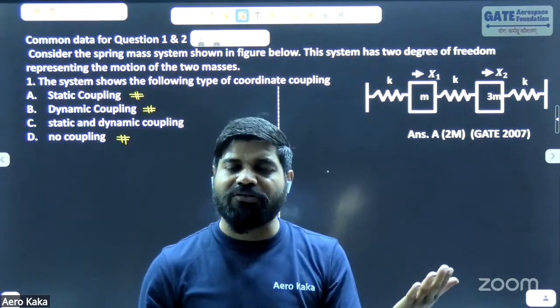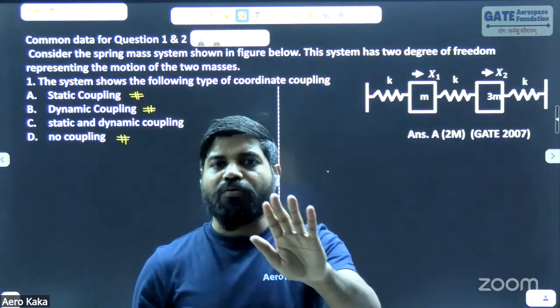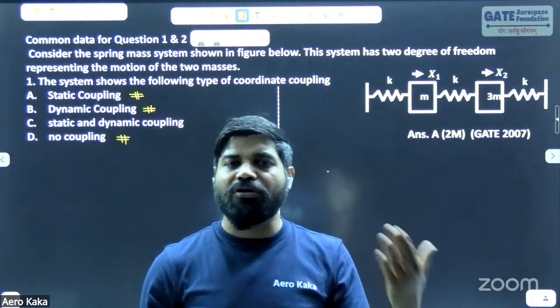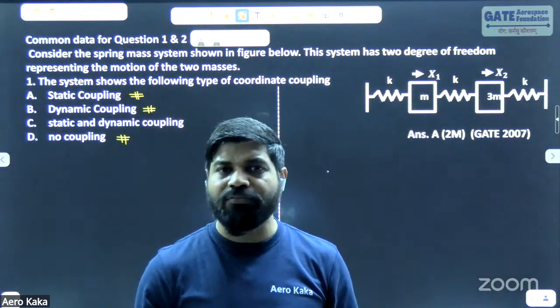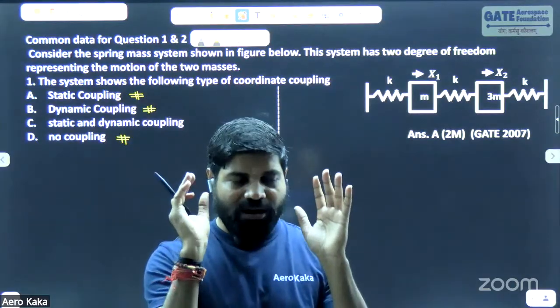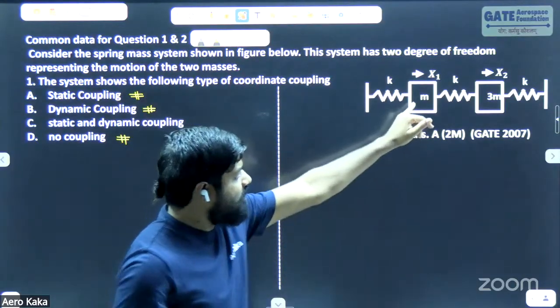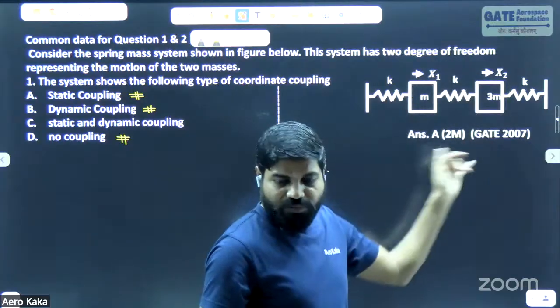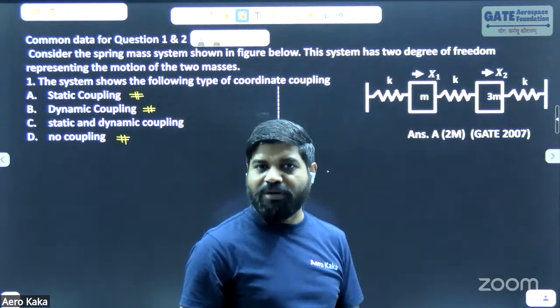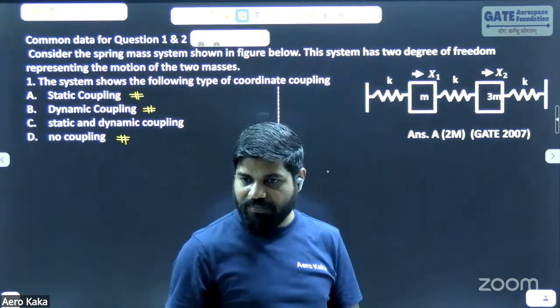Vice versa, the equations of motion of the first mass and the second mass are having the displacement of the first mass as well as the second mass simultaneously. That's a case of static coupling.